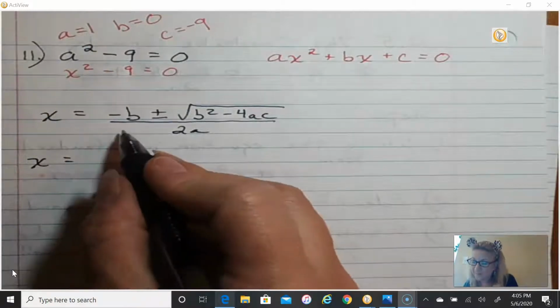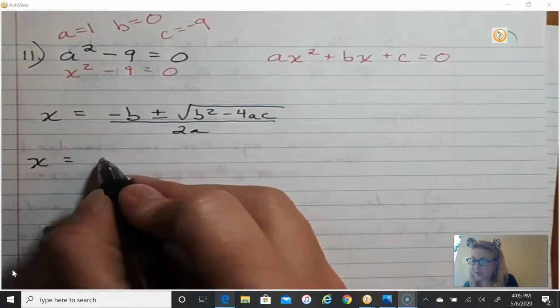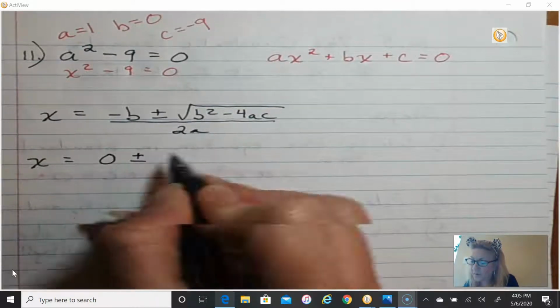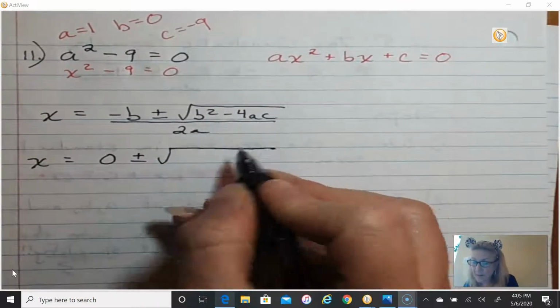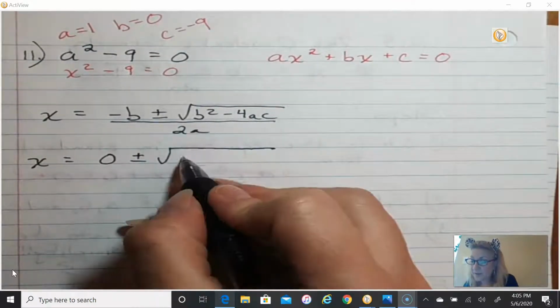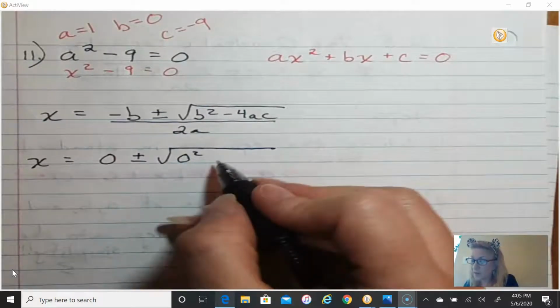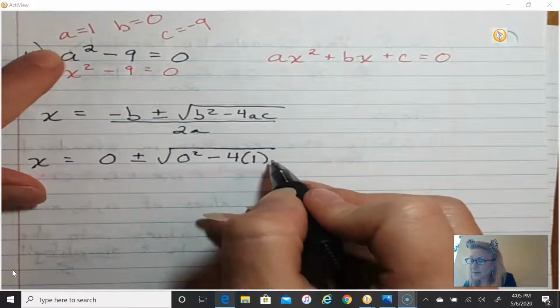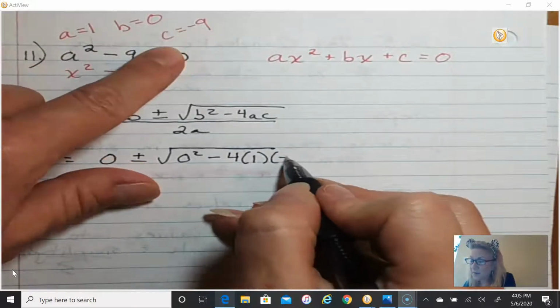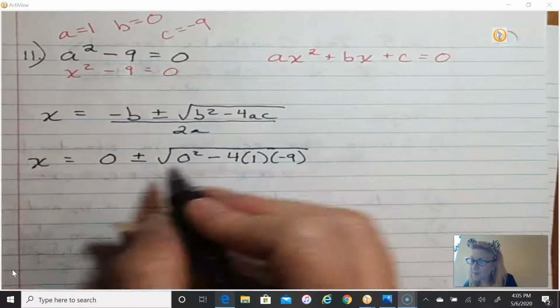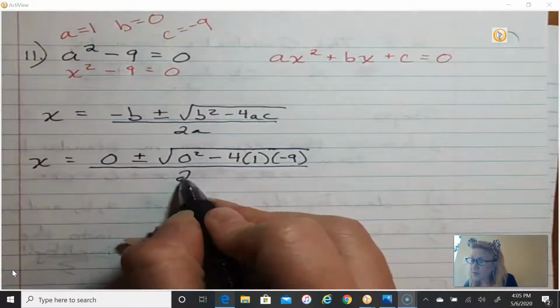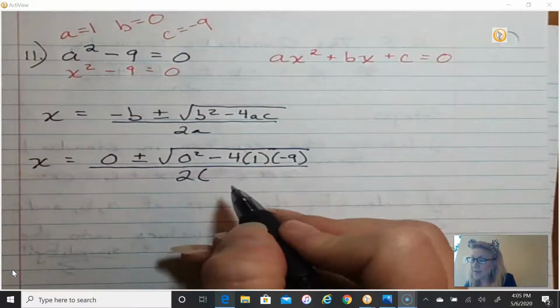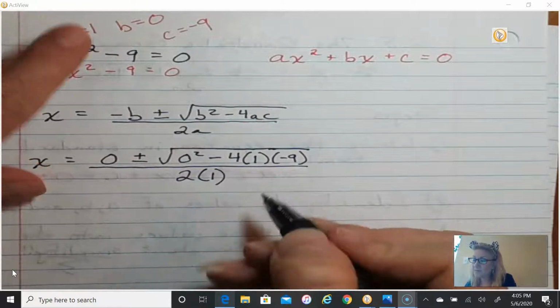So it's not negative 0, it's just 0. So 0 plus or minus, again, b is 0, so we could say 0 squared, even though we know it's going to end up being 0, minus 4 times 1 times negative 9. All over 2 times a. What is a? 1.